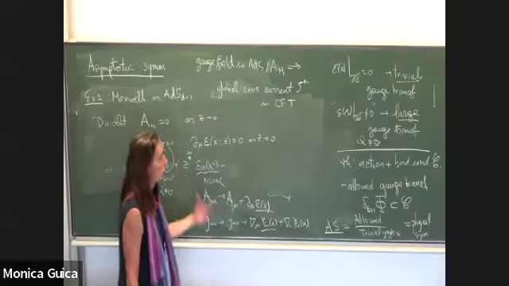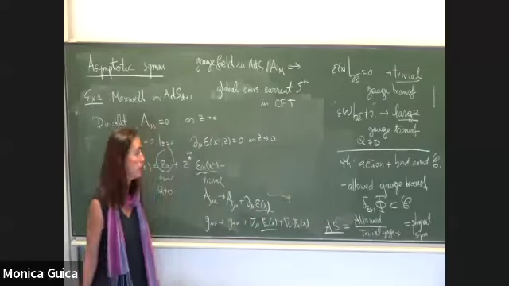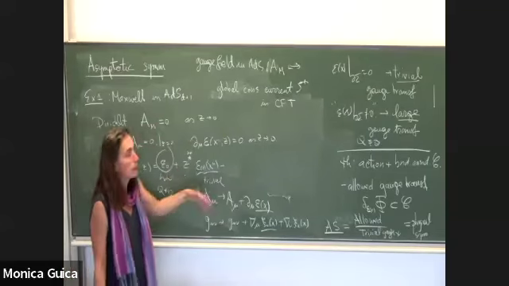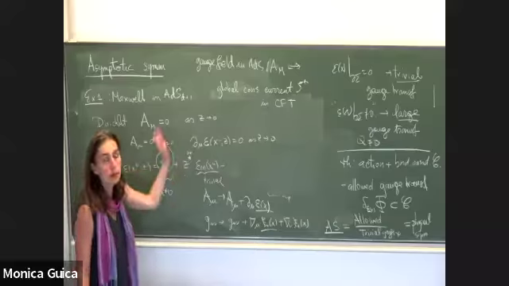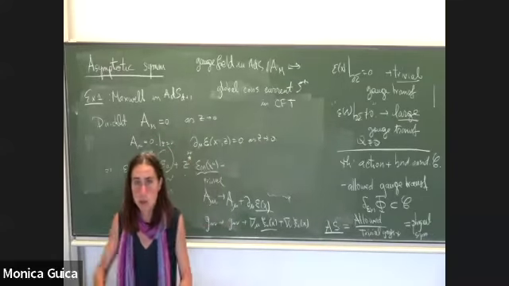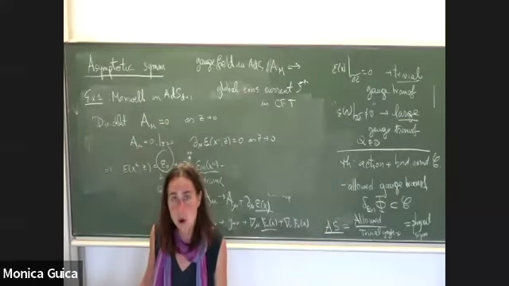Let me just say, in the second example we're going to see something a little bit more interesting, where the asymptotic symmetries can actually be functions of the boundary coordinates, which is way more interesting. But I should say infinitely dimensionally extended asymptotic symmetries are not that uncommon.